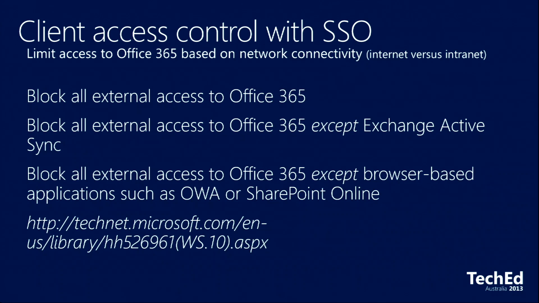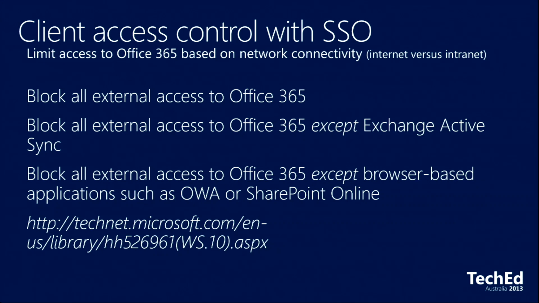All right. Now, one of the other benefits that is perhaps not well mentioned about ADFS is that we can have very strict client access control for our single sign-on, right? In English, if we don't want people to sign on to Office 365, if we've outsourced our identity or our authentication back to a single sign-on point, such as ADFS, we can control exactly who authenticates to Office 365.